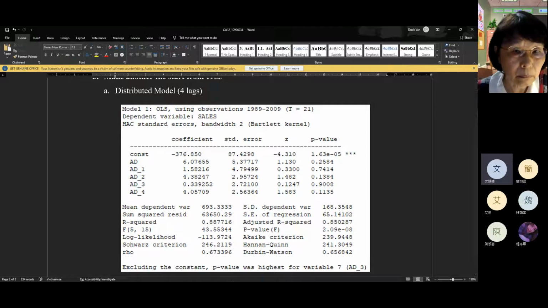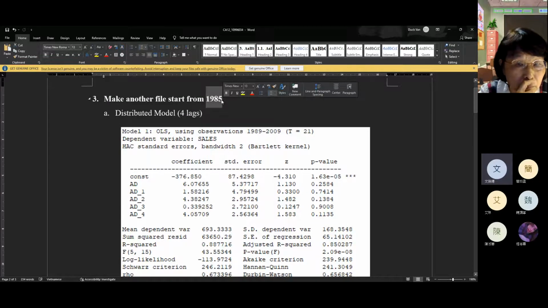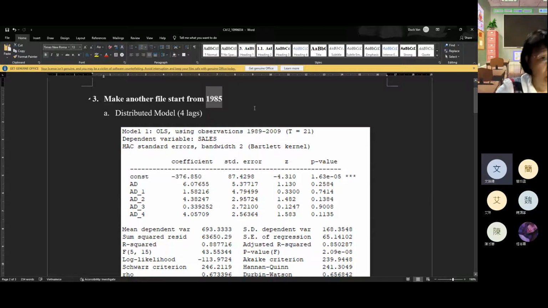Because at first when I did the Excel, it said that I should start from 1985. So when I looked at the file, I saw that there were some numbers missing on the Excel file, so I just cut it. Oh, really? Yeah, and I think it's wrong.